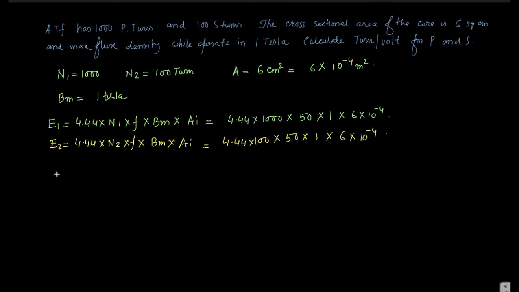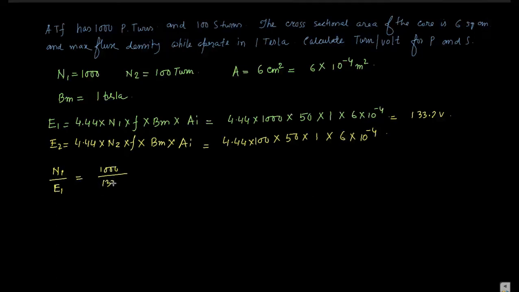So we have to calculate N1 by E1, because we can calculate the turns per volt. N1 denotes the turns, and E1 denotes the induced EMF or voltage. So here all are the same except 100. N1 is 1000 by E1, which if you calculate becomes 133.2 volt.